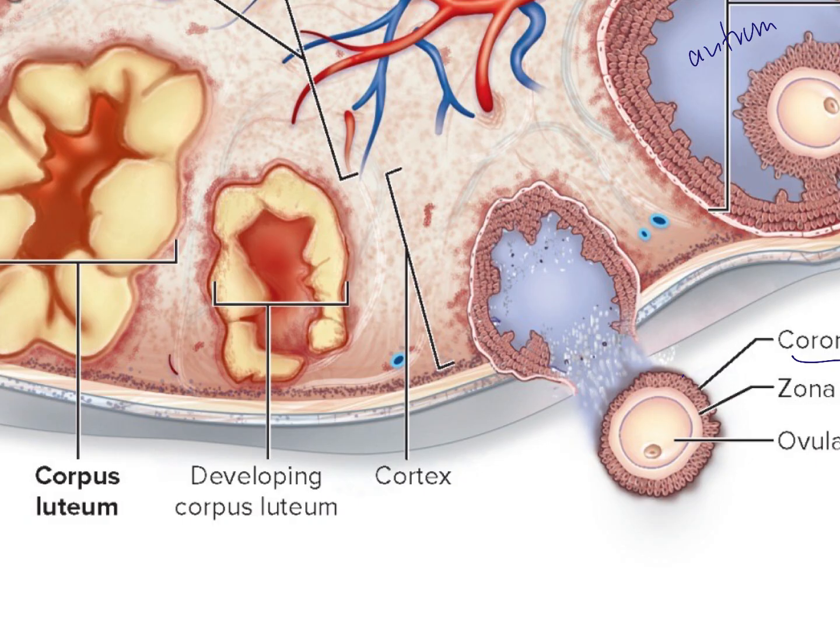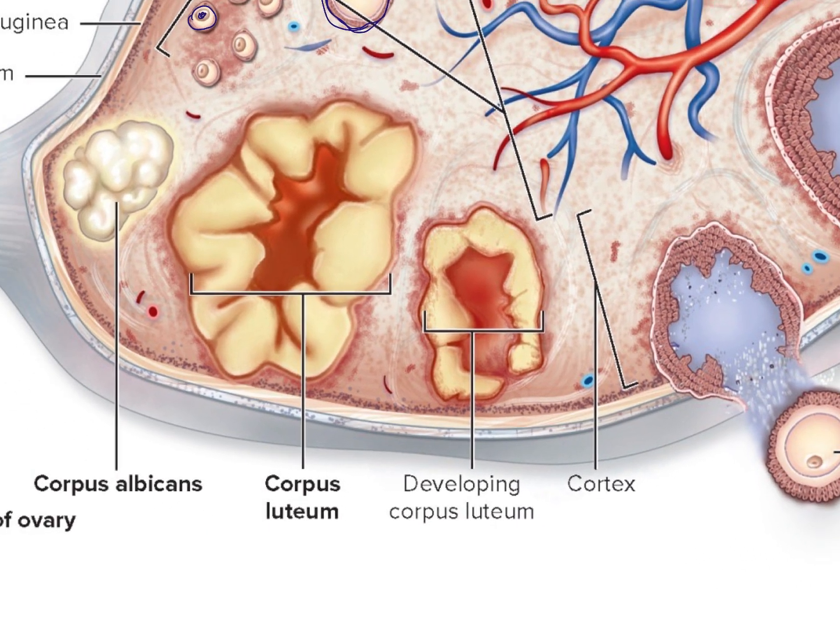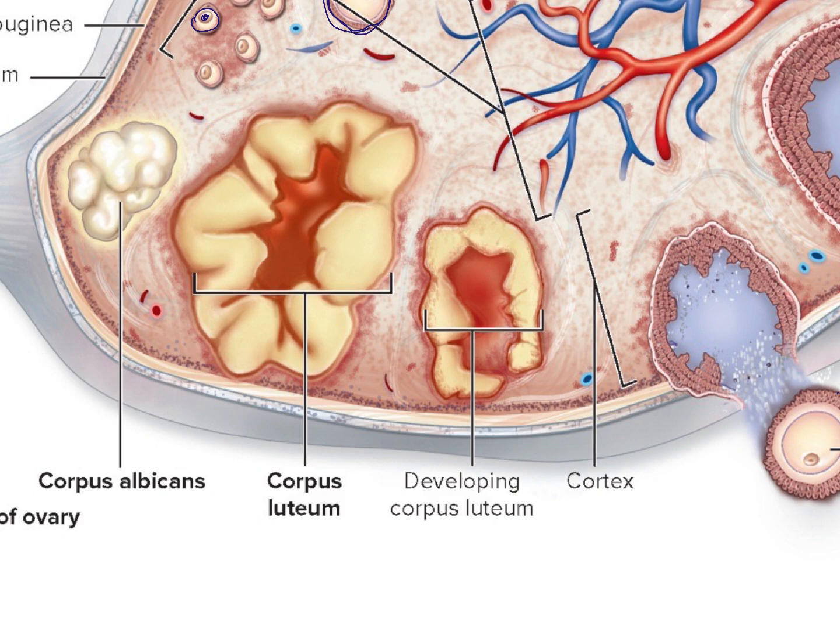The controlling structure in the ovary is no longer the follicle, it's the corpus luteum. Those luteal cells don't produce estrogen anymore, they produce progesterone. The corpus luteum producing progesterone is important for preparing the uterus for a potential pregnancy.